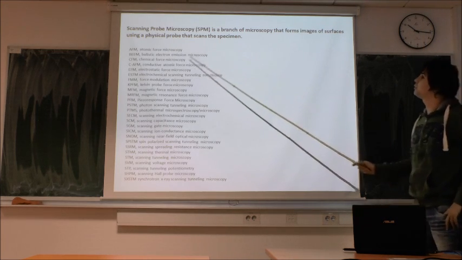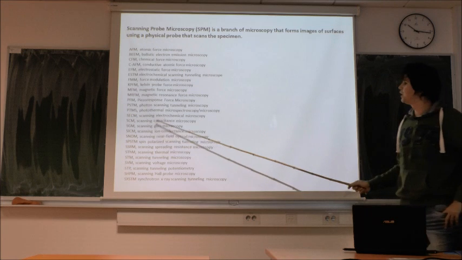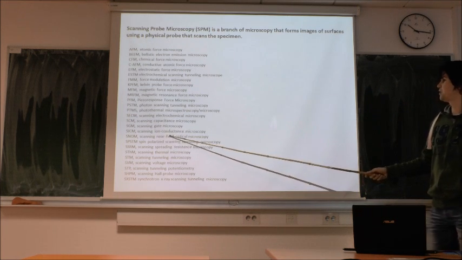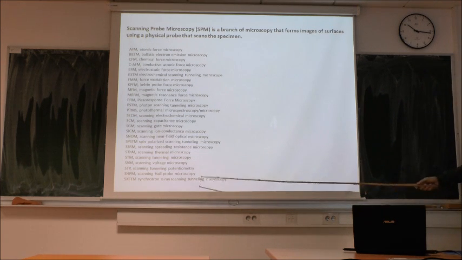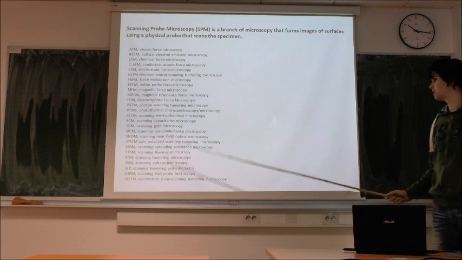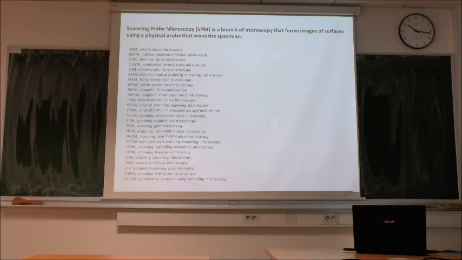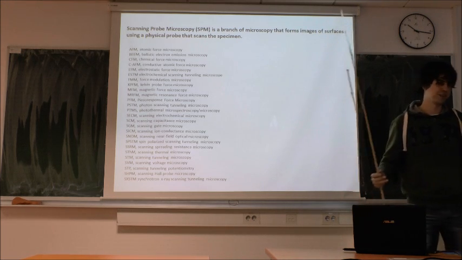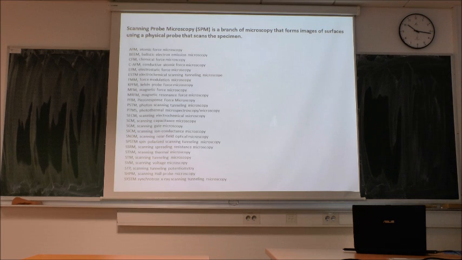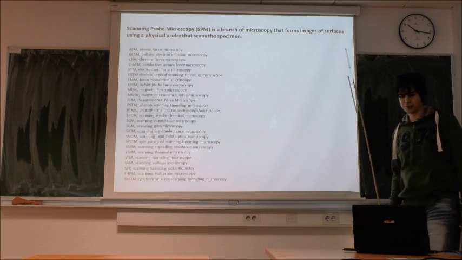You should be aware of AFM, atomic force microscopy, scanning near-field optical microscopy, of course STM, scanning tunneling microscopy. What these methods have in common is that they use a sharp probe, either a tip or something else, and record the interaction between this probe and the sample surface. Depending on what kind of interaction you're recording, you have different methods.